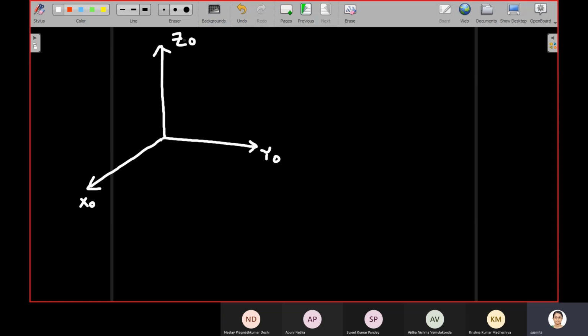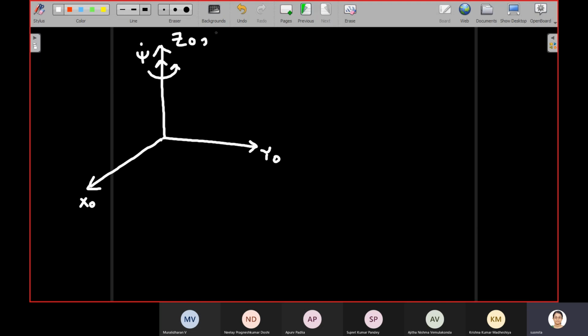First we'll have a yaw rotation about the z-axis. This is the yaw rotation rate, psi dot. Since we are applying the rotation about the z-axis, the vector psi dot is along the z-axis. And the angle by which we are rotating the frame is psi.